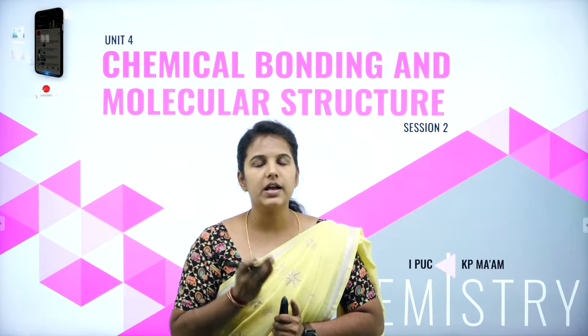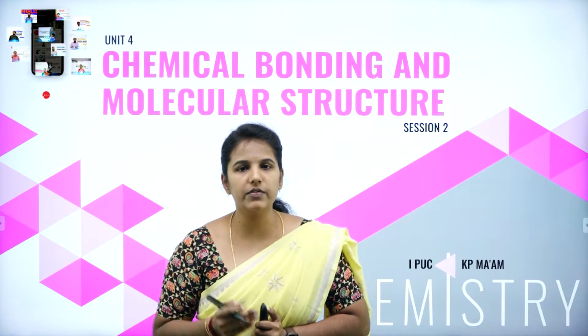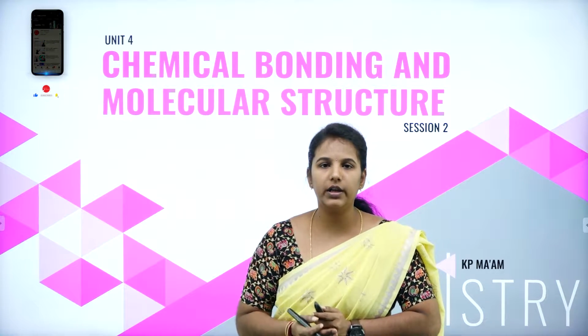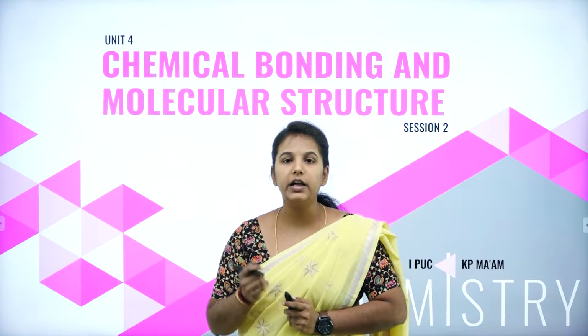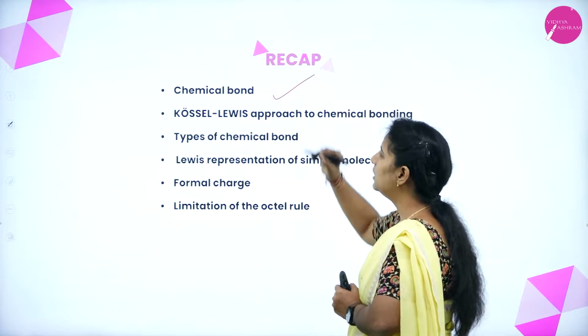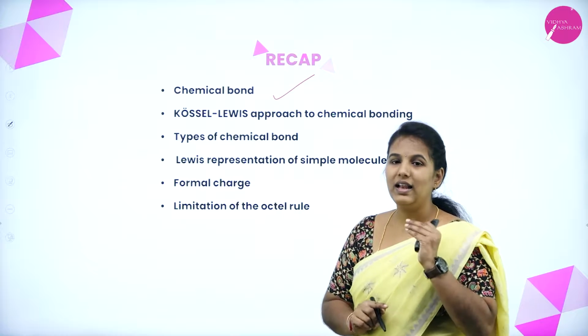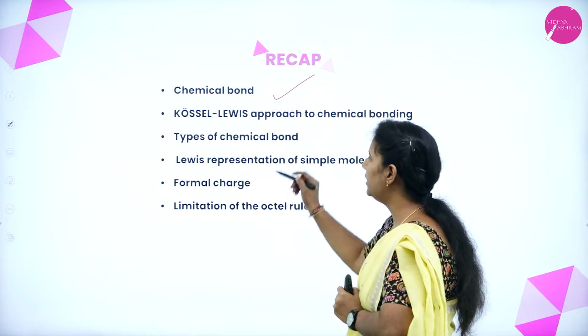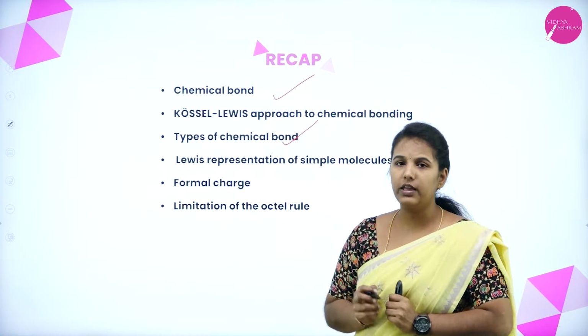My dear students, in our last discussion, we were dealing with the unit called Chemical Bonding and Molecular Structure. Under that, we discussed the chemical bond, learnt about the Lewis approach to the chemical bond and the types of chemical bond.